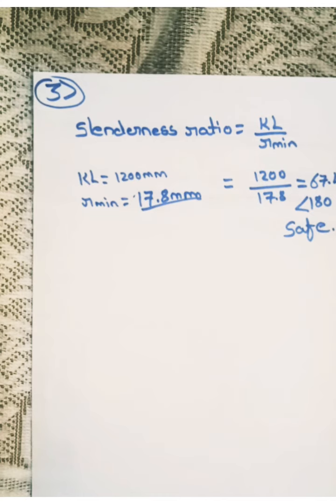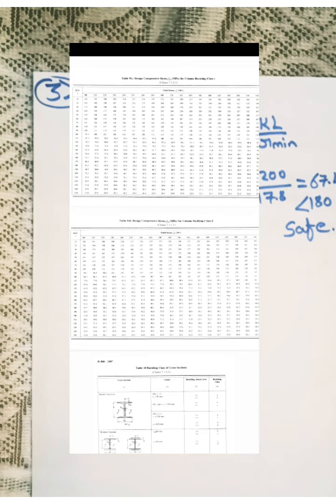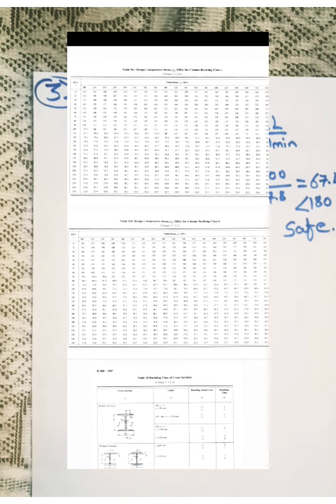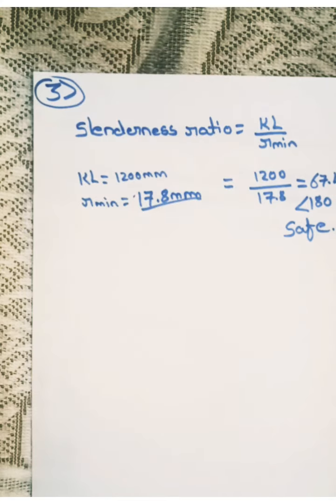Most of the time for double angles only we use Table number 9, or for I sections which are symmetric or built up sections which are symmetric. In order to use Table number 9, there are 4 tables given: Table 9A, B, C and D. Those A, B, C, D refer to imperfection factors.